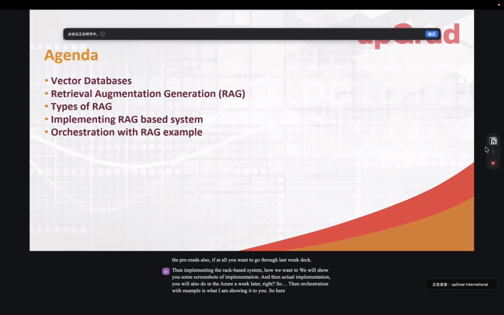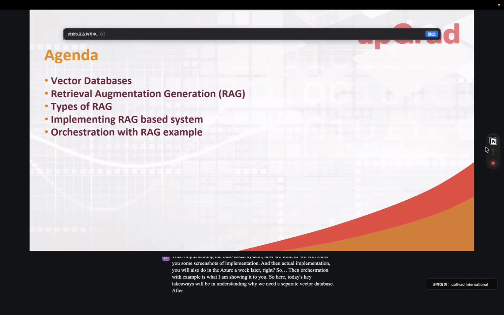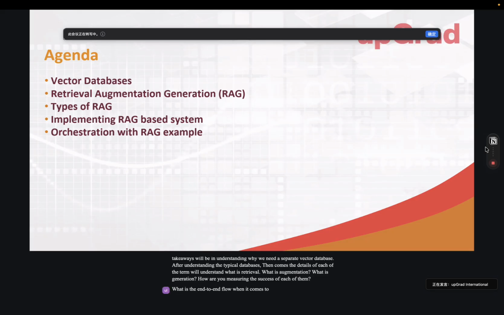Today's key takeaways will be understanding why we need a separate vector database. After understanding typical databases, then come the details of each term. We'll understand what is retrieval, what is augmentation, what is generation, how you are measuring the success of each of them, and what the end-to-end flow is when it comes to prompting.